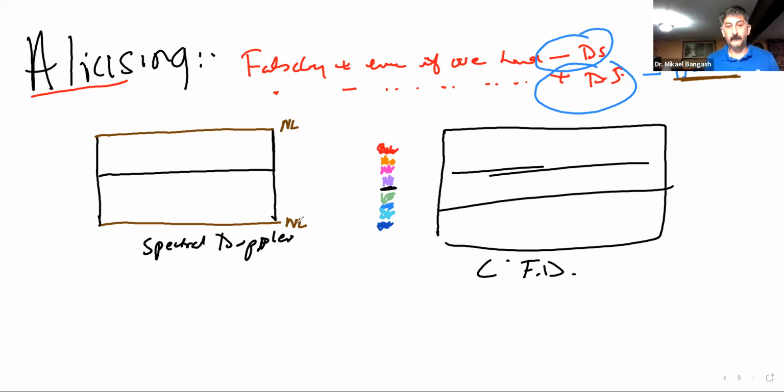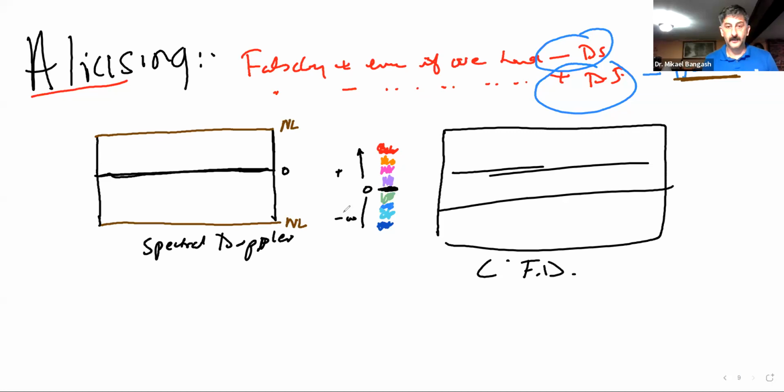And all this was your baseline, which was your zero Doppler shift. You have your baseline here as well, which again would be your zero Doppler shift. These here would be your positive Doppler shifts. These would be your negative Doppler shifts.